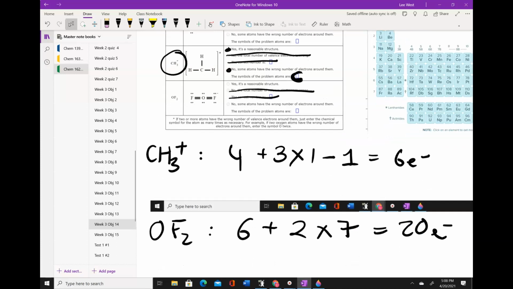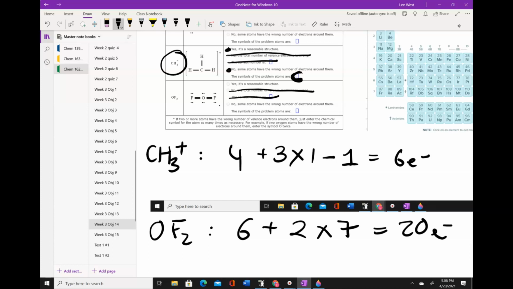Does every atom have an octet? 2, 4, 6, 8. The fluorine on the left has an octet. 2, 4, 6, 8. The fluorine on the right has an octet. What about the oxygen? 2, 4, 6, 8, 10, 12. Oxygen can't have 12 electrons around it.